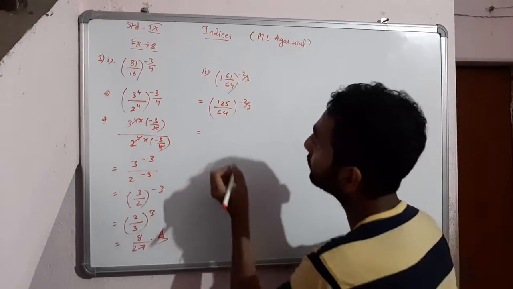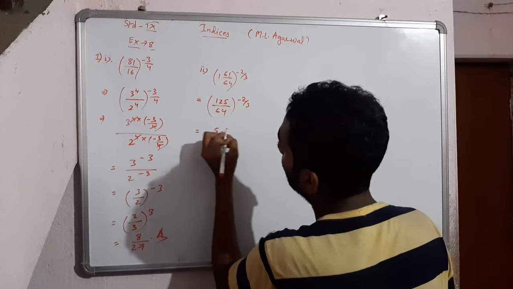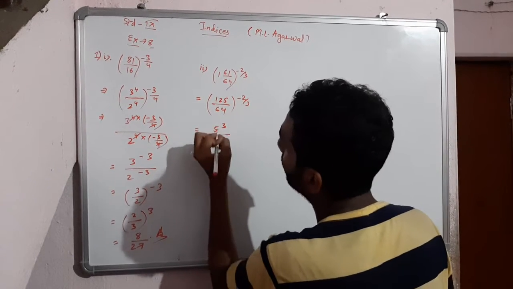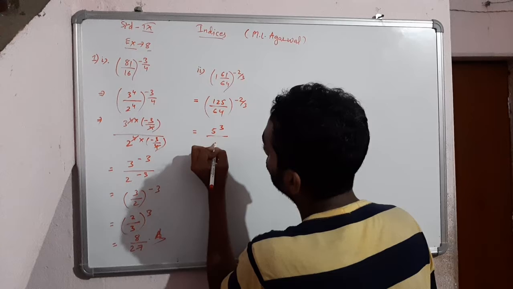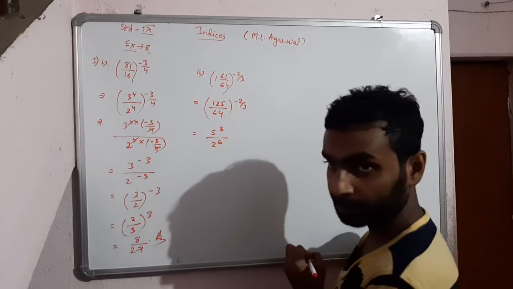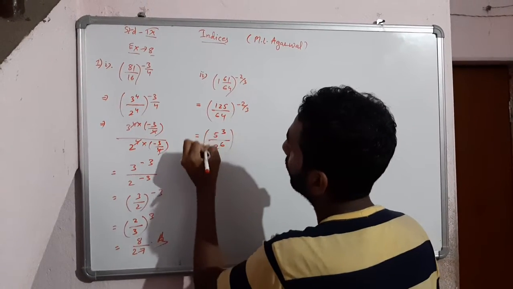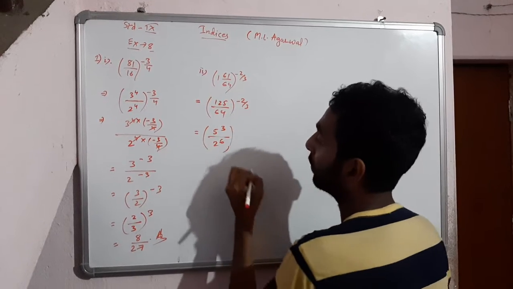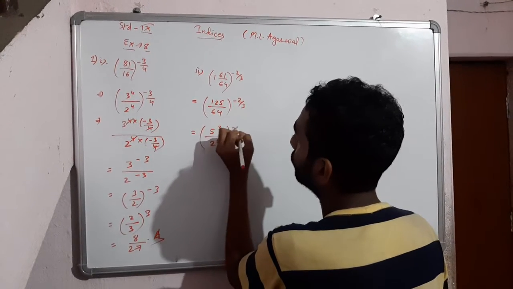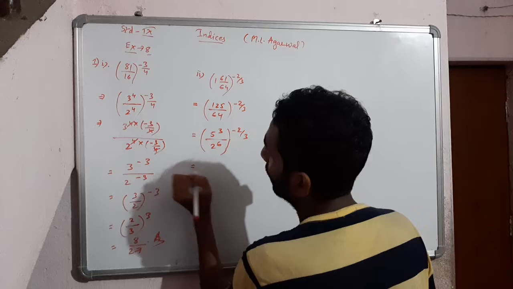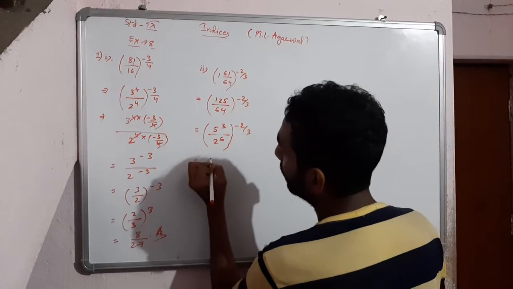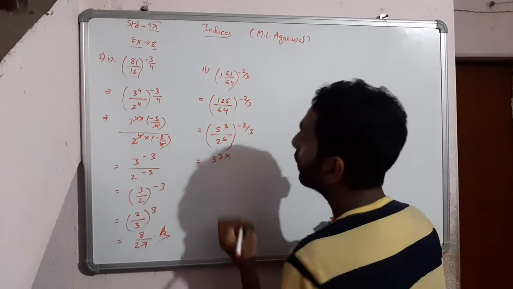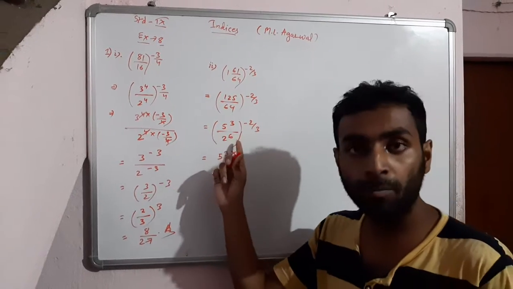So let's see how it is. 125 means 5 whole cube, and 64 means 2 to the power 6. So minus 2/3 is there. Again we are applying the power law.